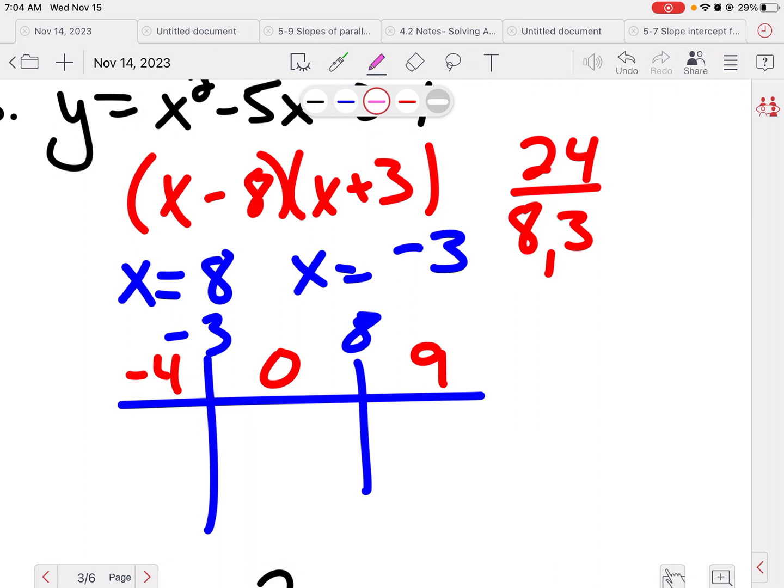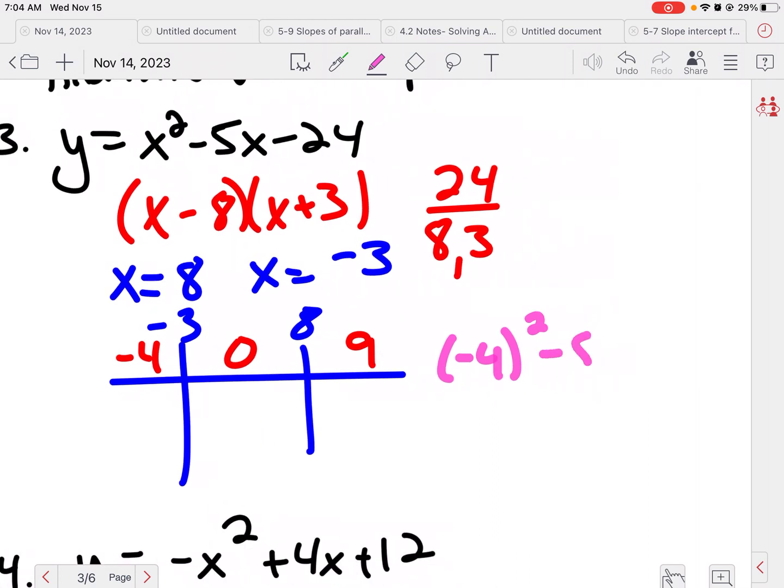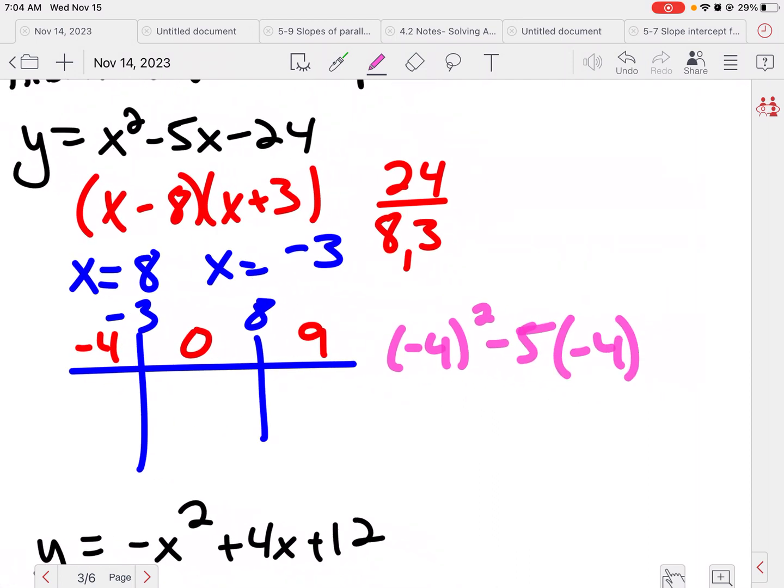Then I'm going to take each of these numbers in the red and plug them into the equation. So I would have negative 4 squared minus 5 times negative 4 minus 24. I'm not going to write each of these down because you guys are perfectly capable of typing things in the calculator. So this would be 12, so that's positive. If I plug in 0, that's going to be negative 24, which would be negative.